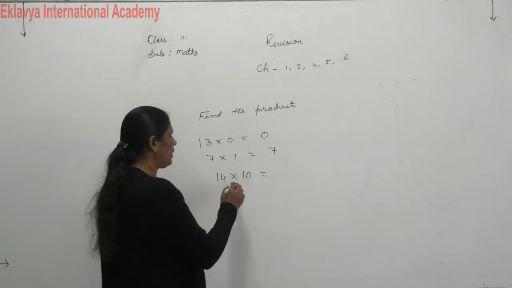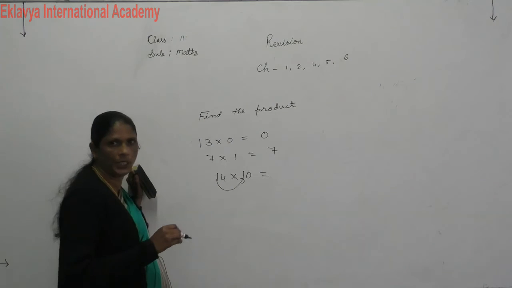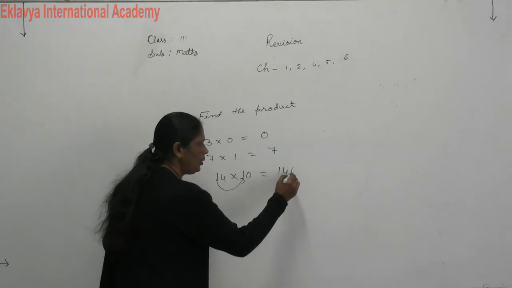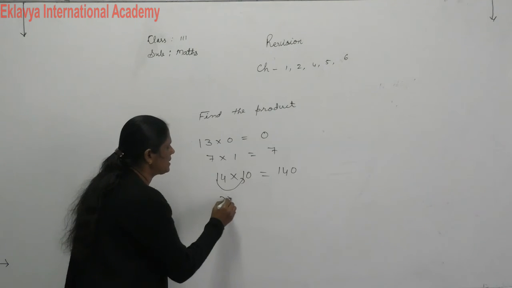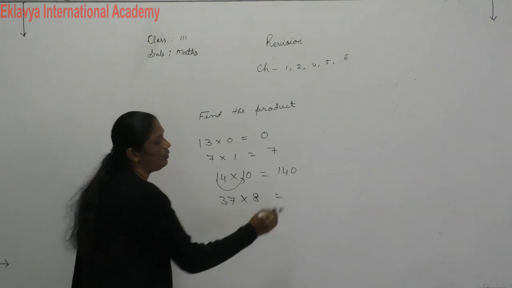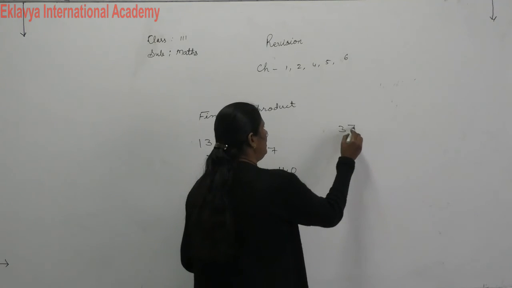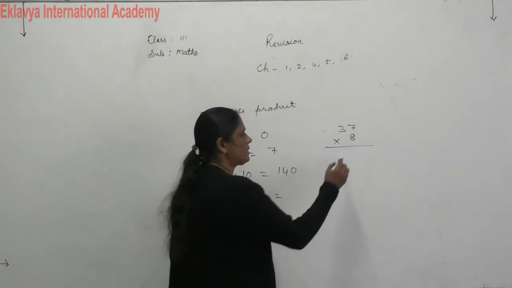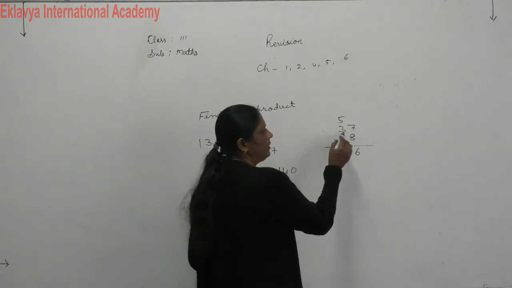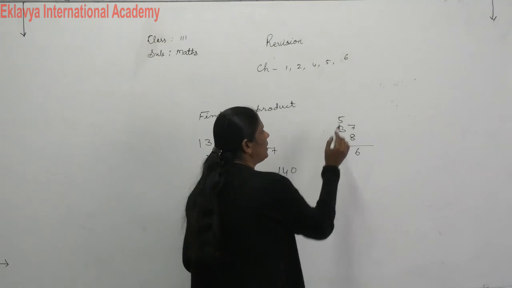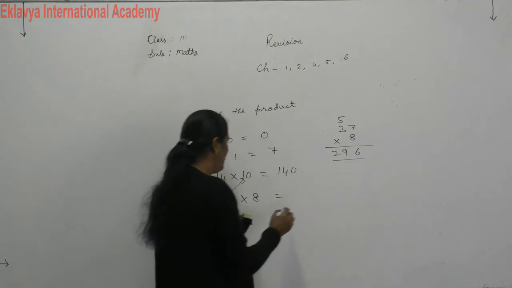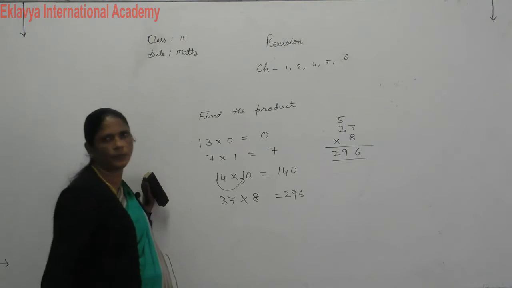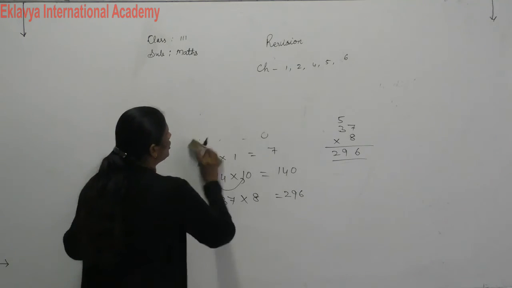First you multiply these two numbers, 14. Then how many 0s are left? One 0 you put here. Then 37 into 8. Then you multiply this. 8 times 7 is 56, then 6, then 8 times 3 is 24, 24 plus 5, 29. Then the answer is 296.